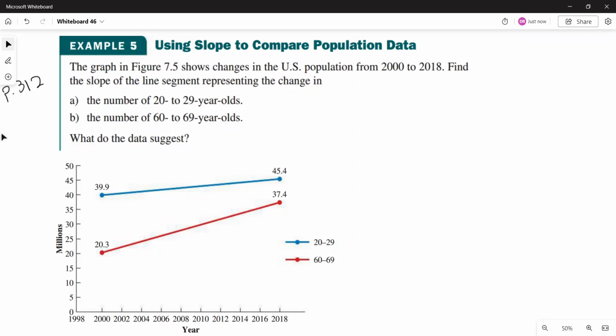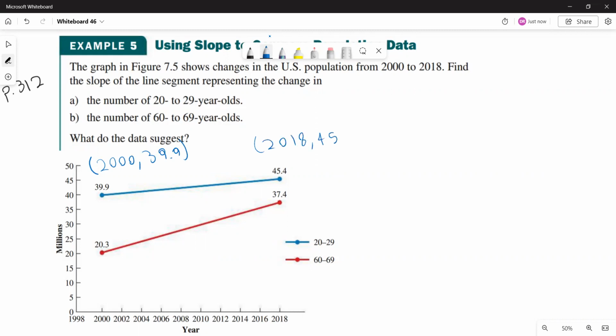Okay, so let's do part A. So we have points. The line above passes through the points 2000, 39.9, and 2018, 45.4.